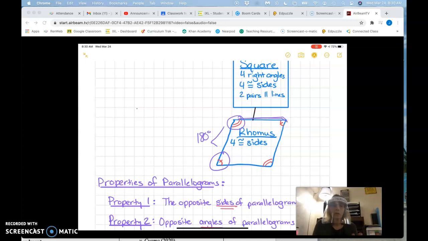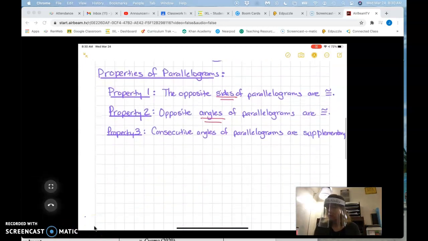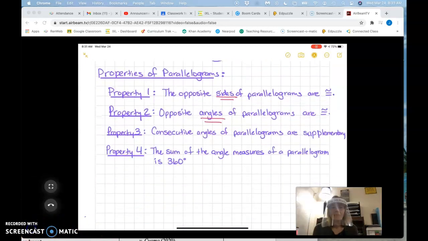As long as they're next to each other, they're going to equal 180. Property 4 tells us that the sum of all the angle measures in a parallelogram equals 360 degrees. So remember, the sum of the angles in a triangle is 180, but the sum of the angles in a 4-sided shape is going to be 360 degrees.